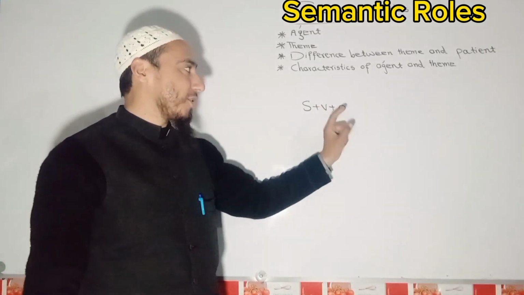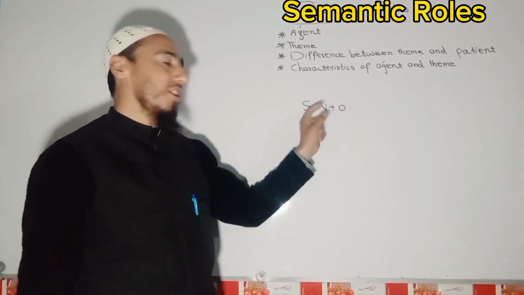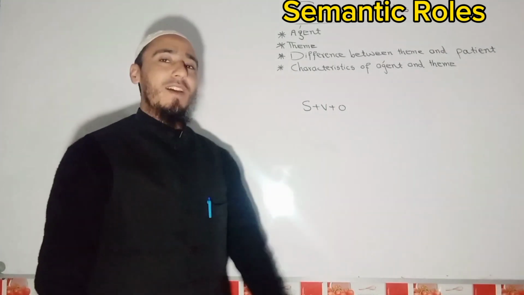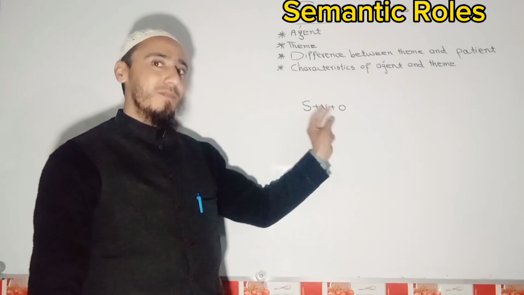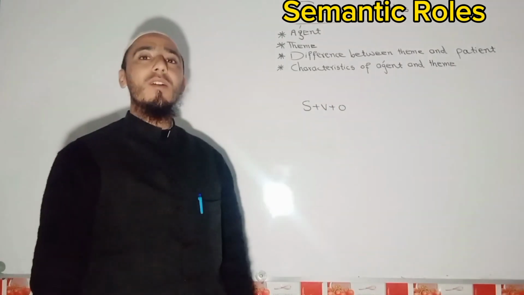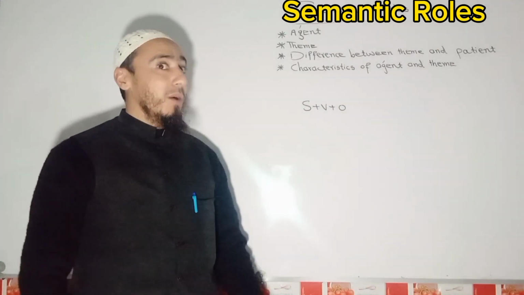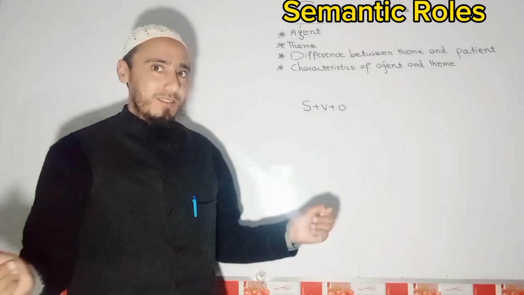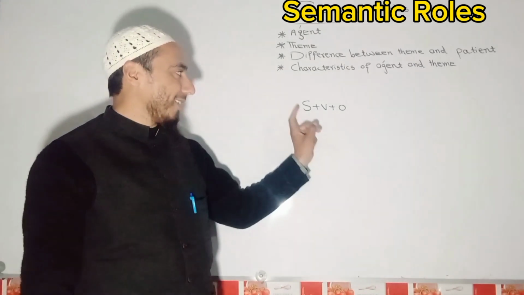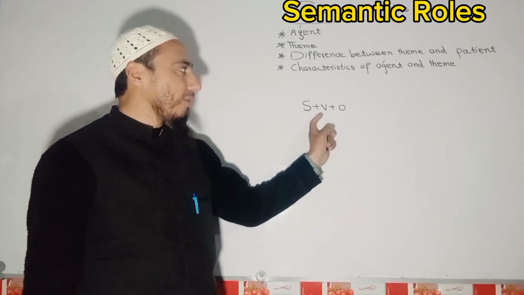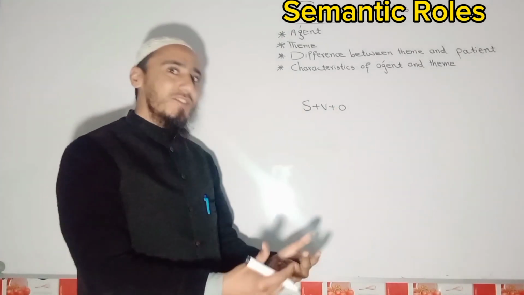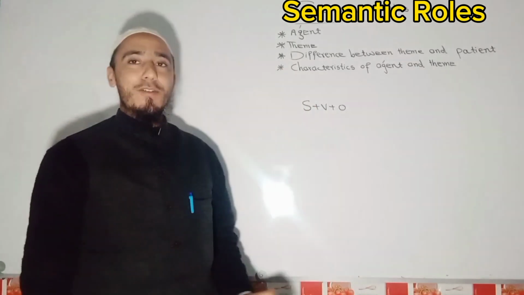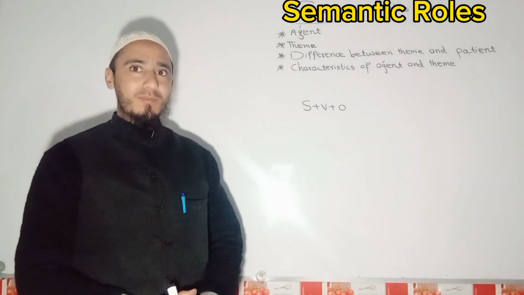So same is the case, the role of the subject and the role of the object will be changed because of the event which is described and shown by the verb. All these things, to know about the role of the subject, the role of the verb, and the role of the object, because of their different relationships with each other, are known as semantic roles.